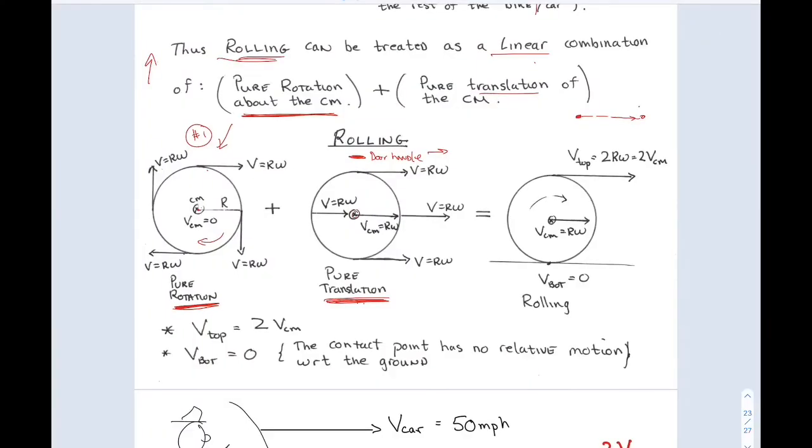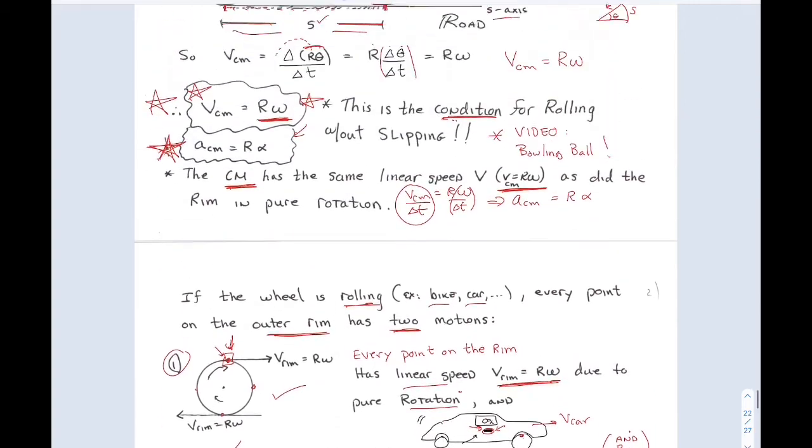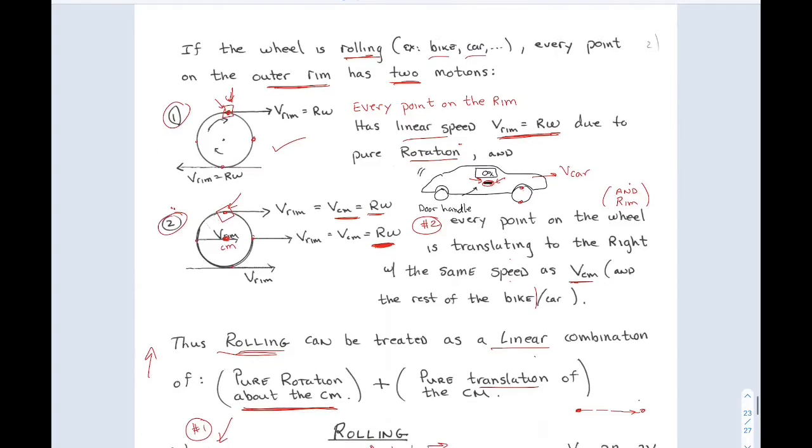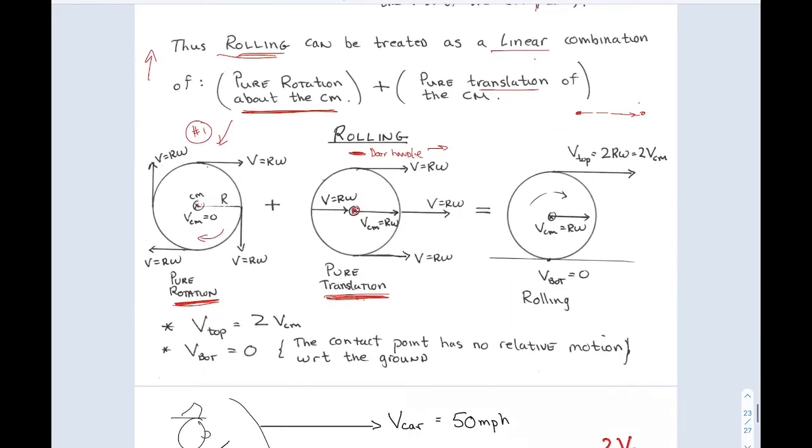Remember, the center of mass from this picture had linear speed r omega. So every point on the wheel, that point, that point, that point, has the exact same speed as the center of mass, which is the axle, because it's moving down the road with the car just like the door handle. If I add these two motions together, pure rotation about the center of mass plus pure translation of the center of mass, I add these velocities as vectors.